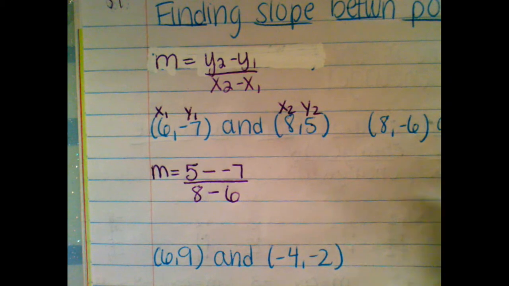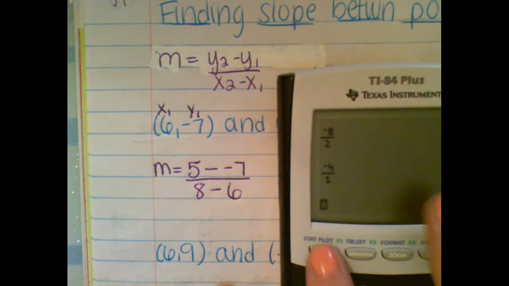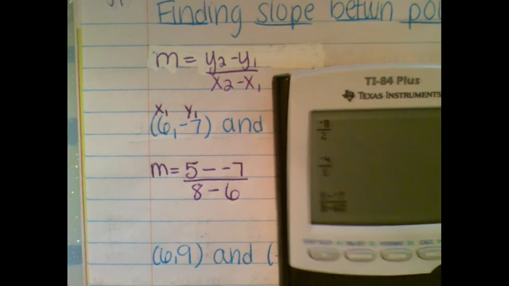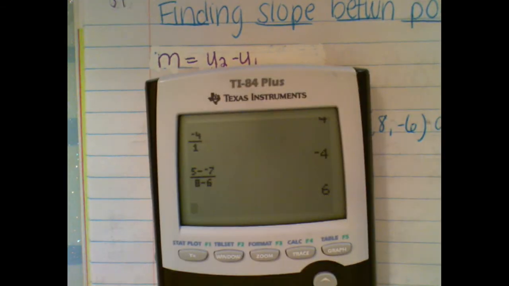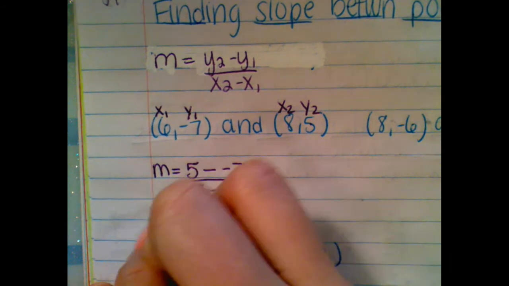Now remember, we told you not to change that. You're just going to take your calculator, whichever one you're using, phone or on your computer, 5 minus -7, 8 minus 6, and you get 6. So here, M equals 6.